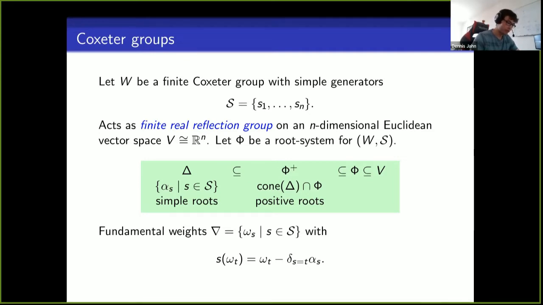Non-negative combinations of these simple roots are the positive roots, and so on. We also need the fundamental weights that will be denoted by omegas. If you have a simple generator s that acts on omega_t, for t another simple generator, then this is given by omega_t minus Kronecker delta of s equals t times alpha_s.